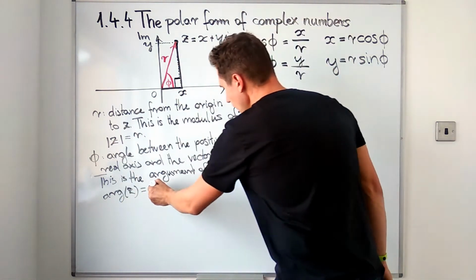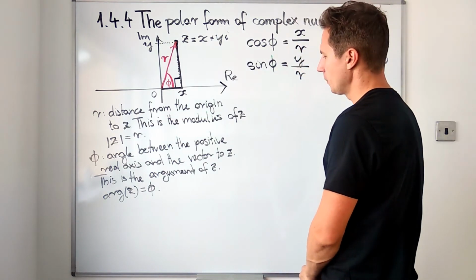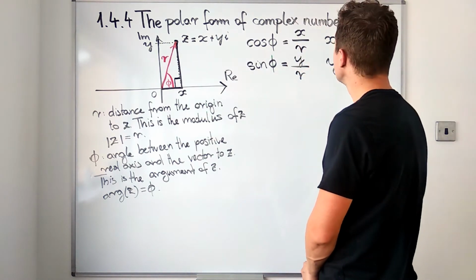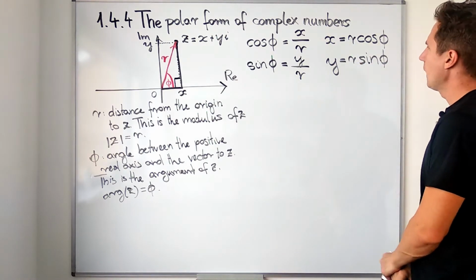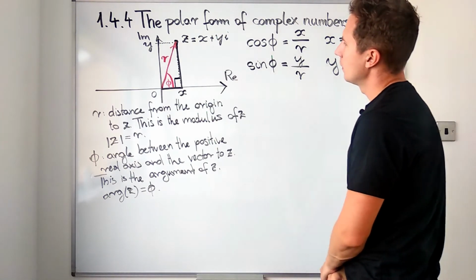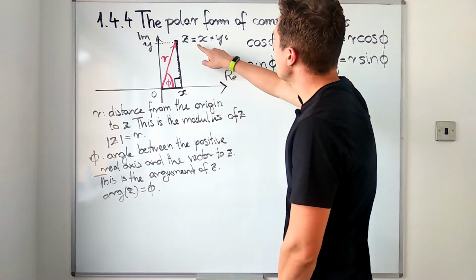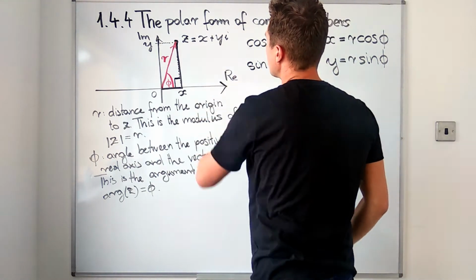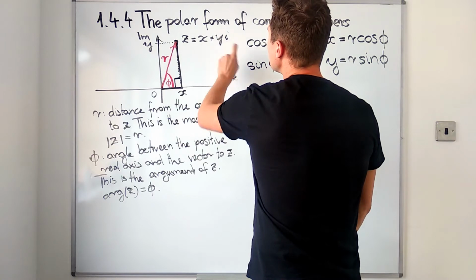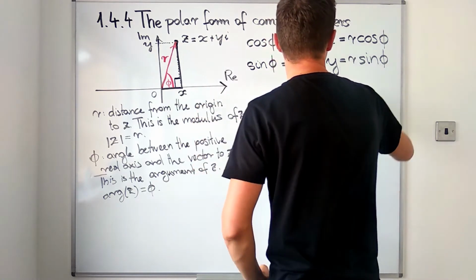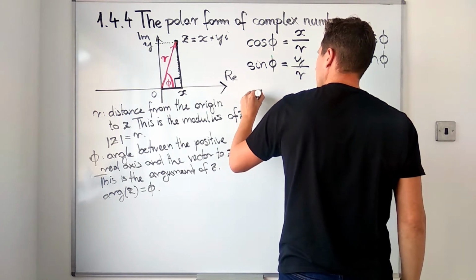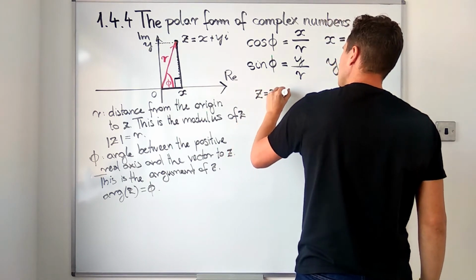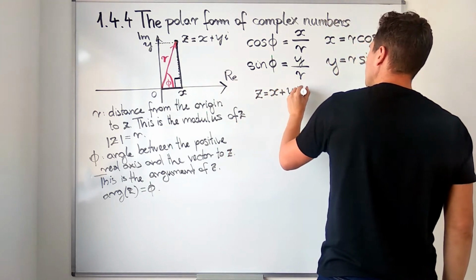Okay, so now we have this terminology for these quantities, and we have seen how to express x and y using these coordinates. Now, if we go back to the traditional way of writing z, we can simply replace the real and imaginary parts x and y by these formulae, and what we get for z, instead of x plus yi, is the following.